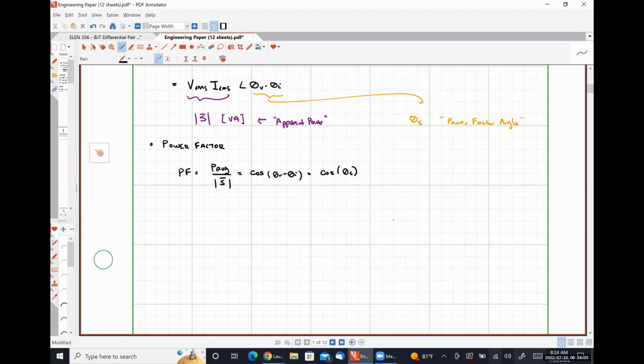So, power factors can be classified as either leading or lagging. What this leading or lagging means is the relationship of the phase angle of the current with respect to the phase angle of the voltage, okay? So if our power factor angle is between 0 and positive 180 degrees, we consider our system to be operating at a lagging power factor.